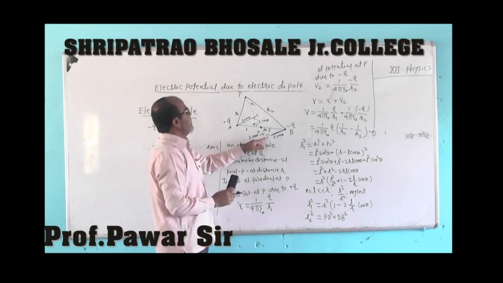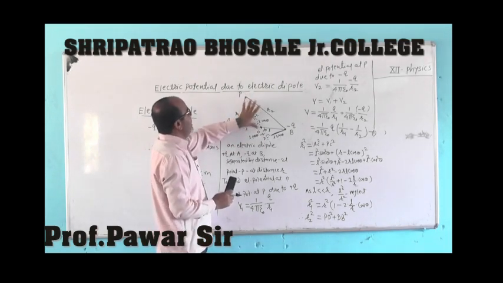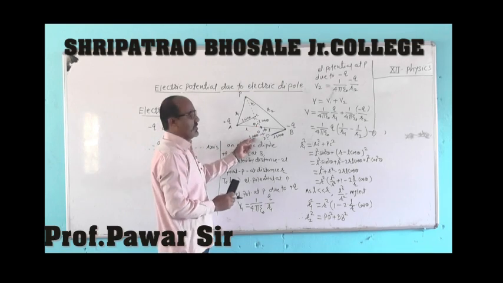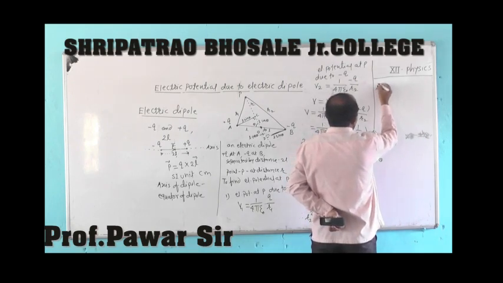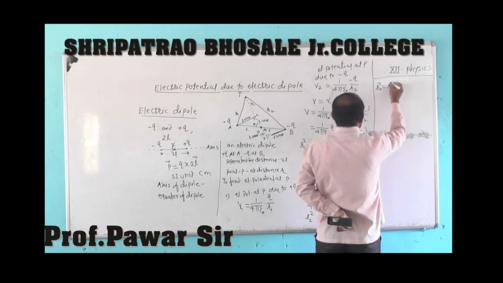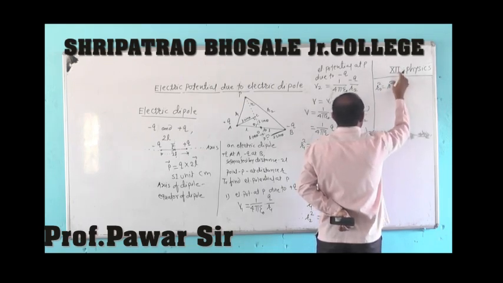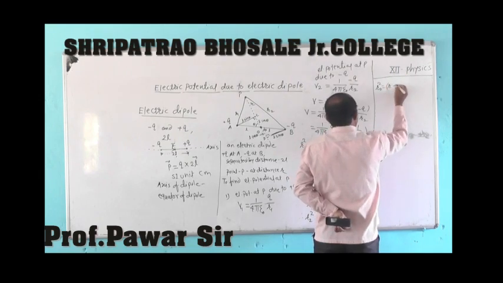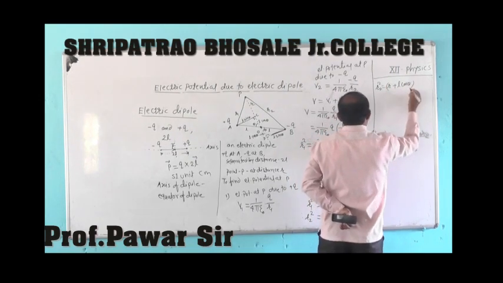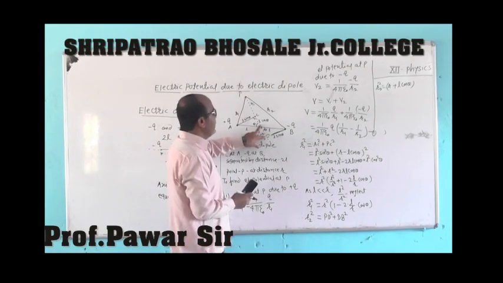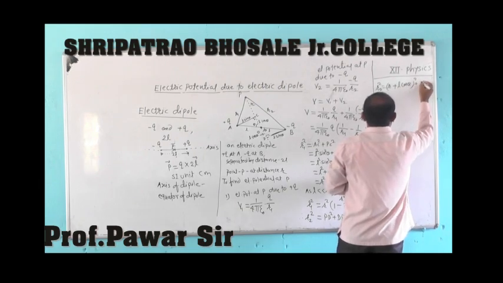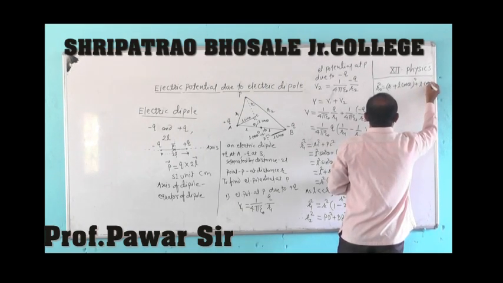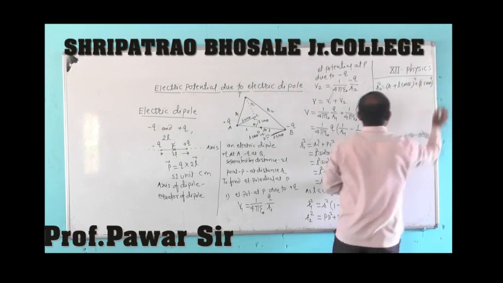Now PD square, this is PO is R plus this distance is L cos theta. So we can write R2 square equal to R square plus, it is R plus L cos theta bracket square plus L into cos theta bracket square.